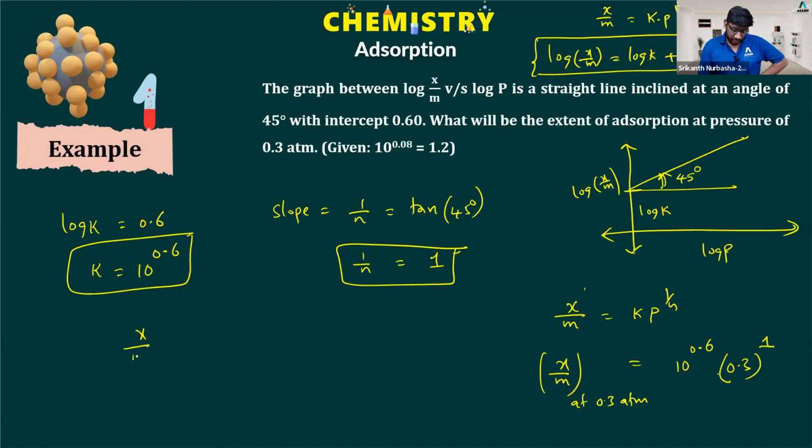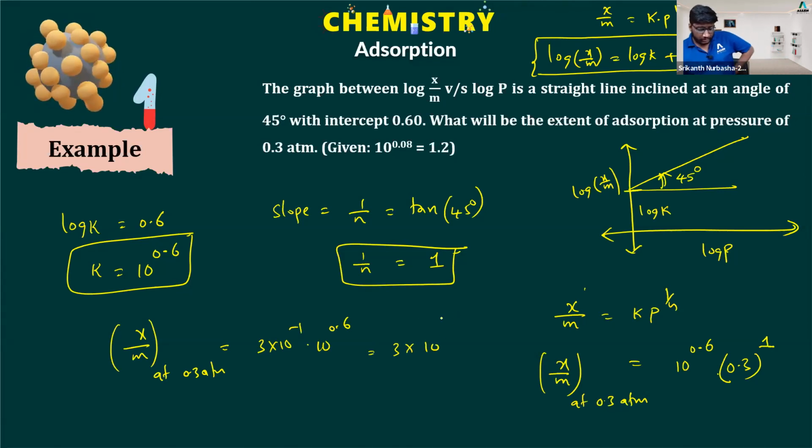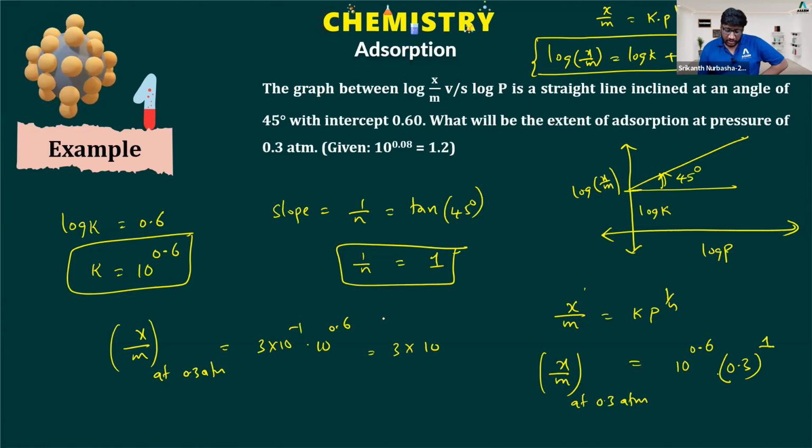So x by m at 0.3 atmosphere is equal to 3 into 10 power minus 1 into 10 power 0.6. That is nothing but 3 into 10 power minus 1 plus 0.6, how much?